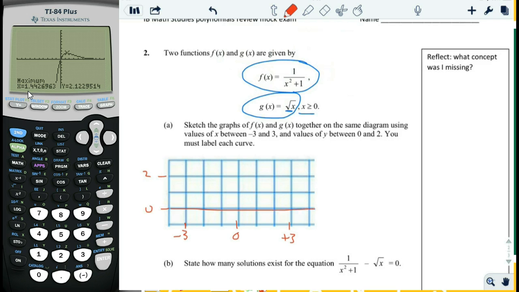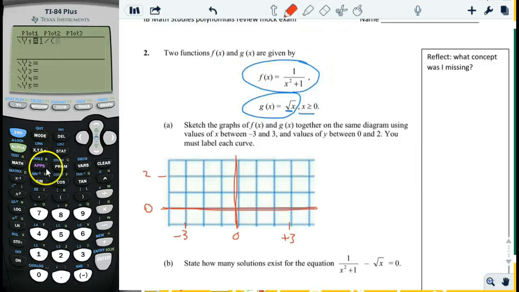So now let's draw the axes. Now let's draw the curves. And the way we're going to draw the curves is we're going to use the calculator. So we'll put 1 divided by x squared plus 1.